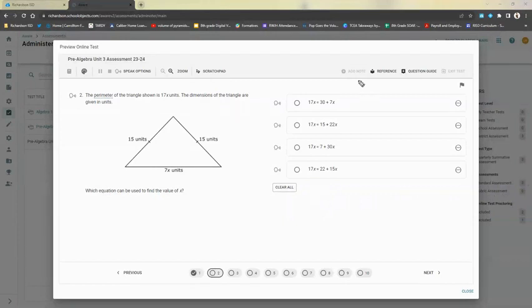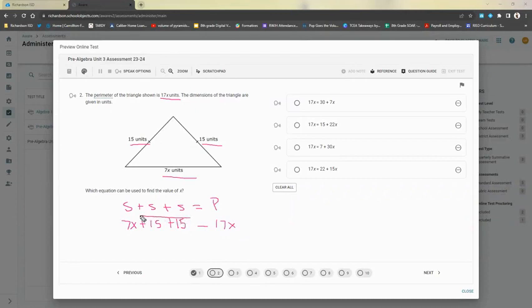So here we know that there are 3 sides that equal the perimeter. And the perimeter is 17x because that's what we're shown. And then we know that we have one side that's 15, another side that is 15, and then one side that is 7x.